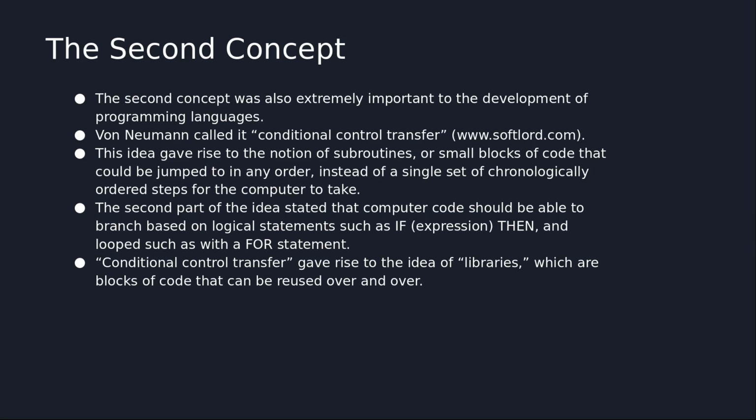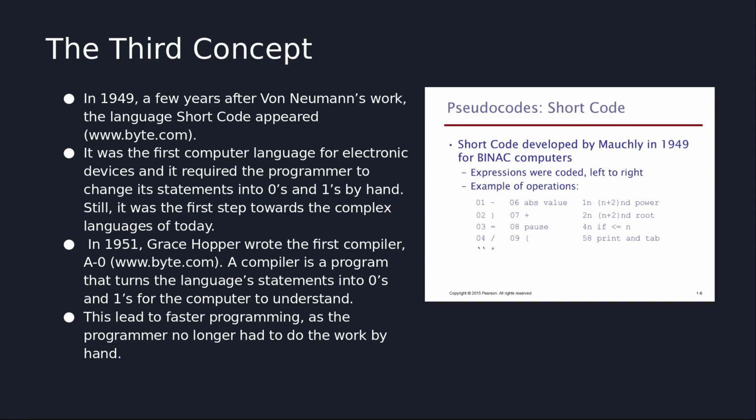Now what exactly is conditional control transfer? This gave rise to the idea of libraries, which are really blocks of code that can be used over and over again. So those ones and zeros, that's pretty much the premise of that. Now, the third concept was started in 1949, a few short years after von Neumann's work.